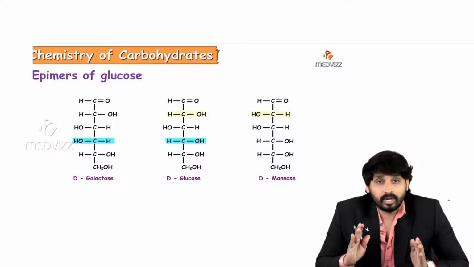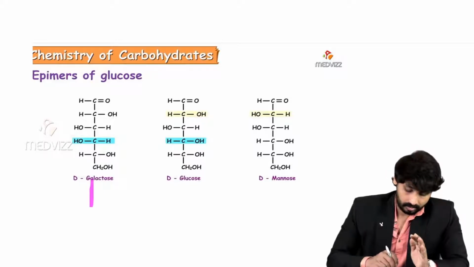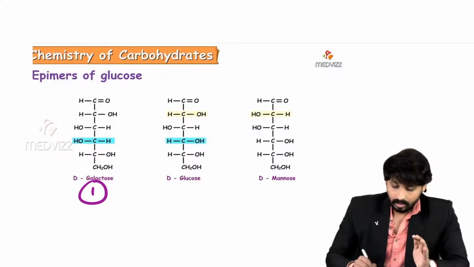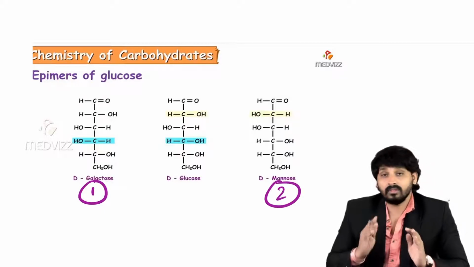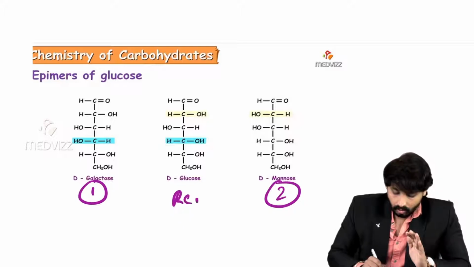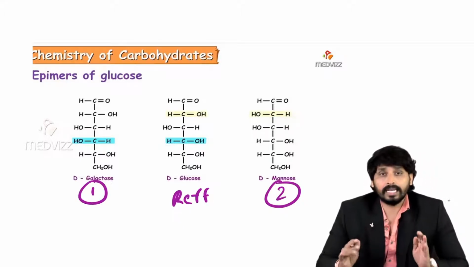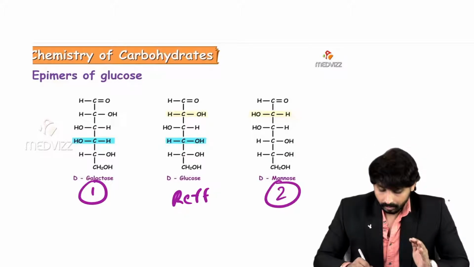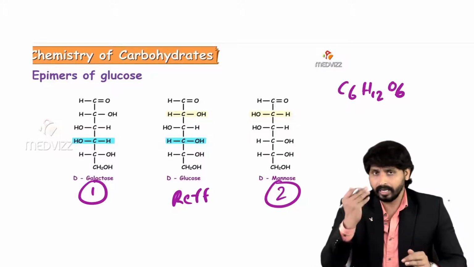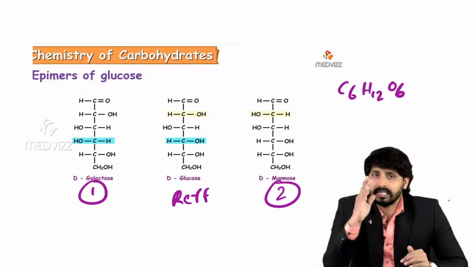Here I have shown three molecules: one is galactose, the second one is mannose, and the reference monosaccharide I have taken is glucose. All these three molecules carry the same molecular formula, that is C6H12O6. If you want, you can count the number of carbons, and the type of functional group is the same.